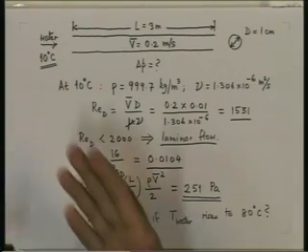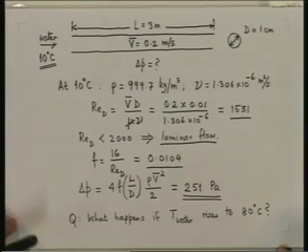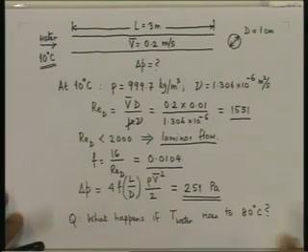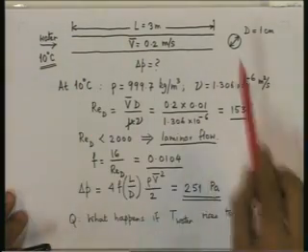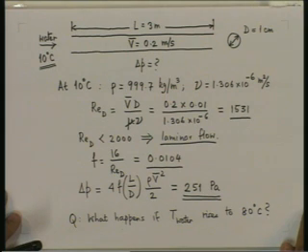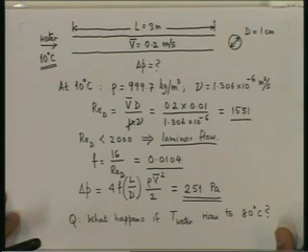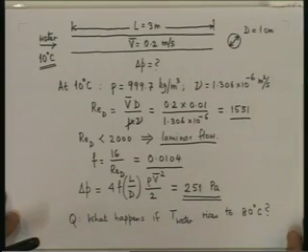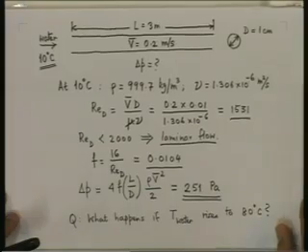Instead of cold water, almost chilled water, real hot water at 80 degrees C is now made to flow through the pipe. We will assume that the velocity remains the same. What will change are essentially properties.